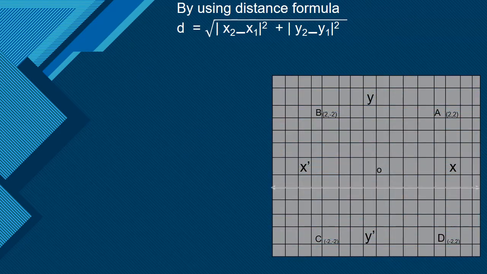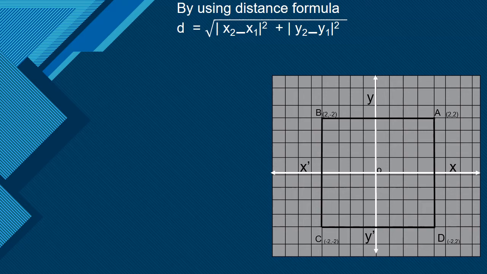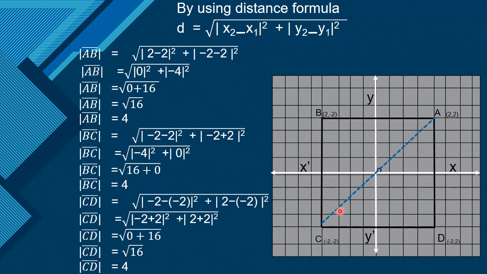Now we just have to apply the distance formula to find the distances AB, BC, CD and DA. Here we have applied the distance formula to the coordinates of A and B, and we found the distance AB as 4. Similarly, we found the distance BC also as 4 and the distance CD is also 4.